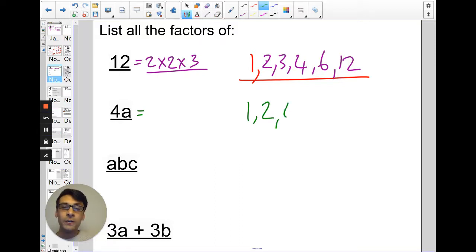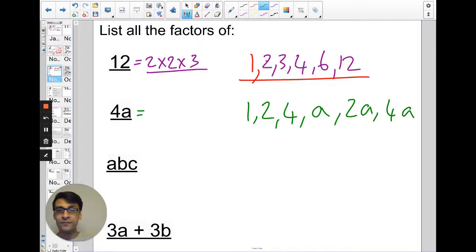We know that 4 goes into 4. We know that A goes into A. We know that 4A goes into A, but also 2A as well. So I'm going to write 2A here, 2A, 4A, and then don't forget we've already got the 1, so that's your list of factors. If I've missed any out, let me know.